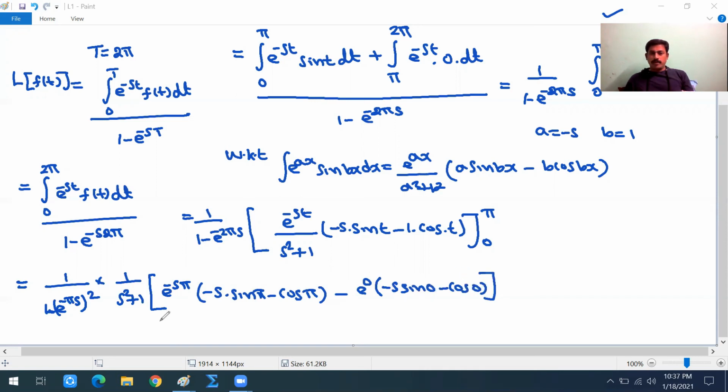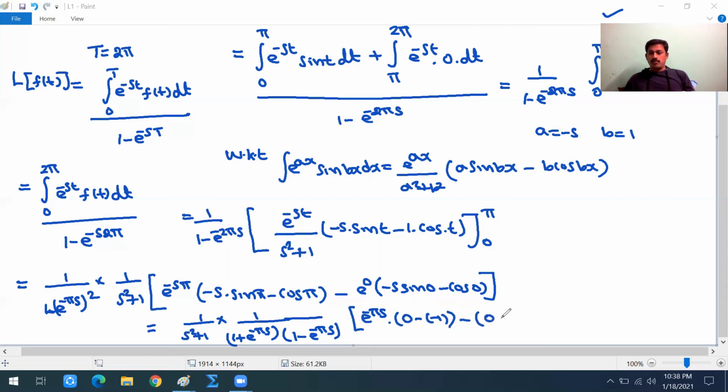If you simplify this, you will get 1 divided by s square plus 1 into, so I can write this term as 1 plus e power minus pi s into 1 minus e power minus pi s. E power minus pi s into sine pi is 0, cos pi is minus 1, so minus of minus 1, minus sine 0 is 0, cos 0 value is 1.